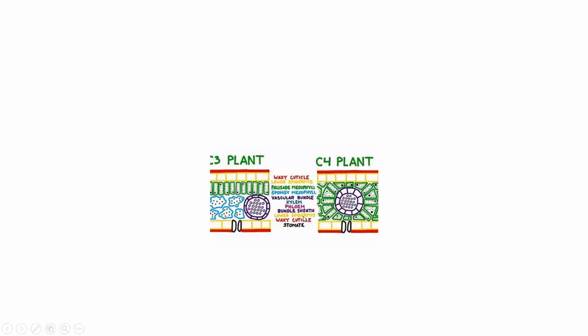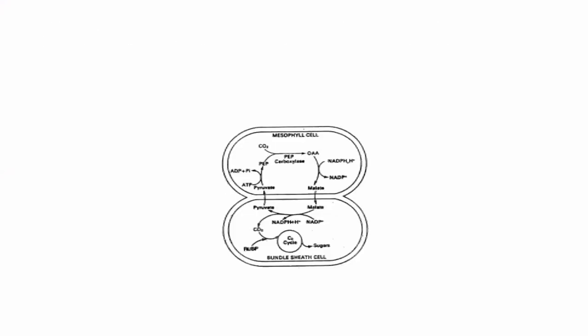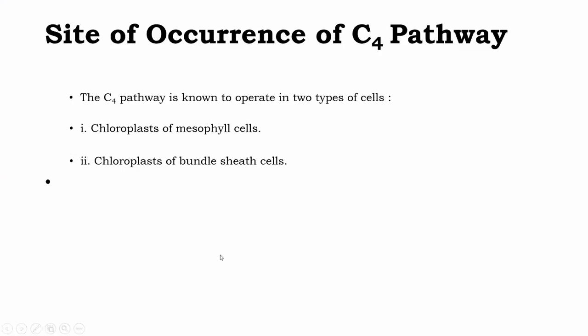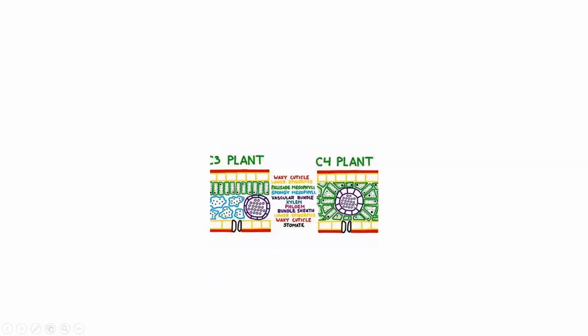See, chlorophyll is in the bundle sheath. Here only, the photosynthesis takes place in C3 plants. Then the bundle sheath cells, see the bundle sheath cells.